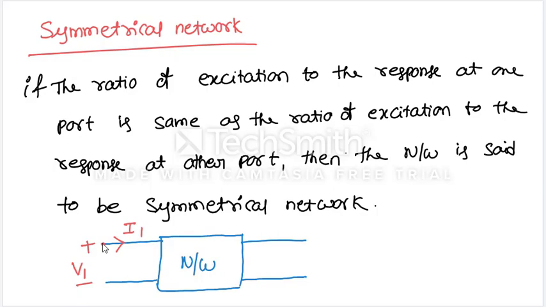In this port 1, excitation is V1, response is I1. Then what is the ratio of excitation to response at port 1? V1 by I1. This is the ratio now.